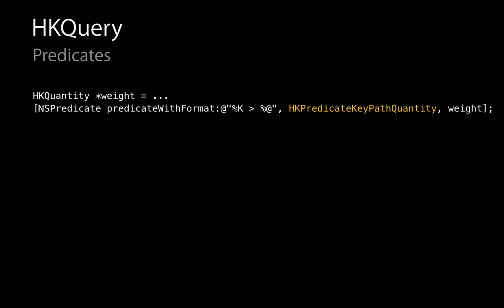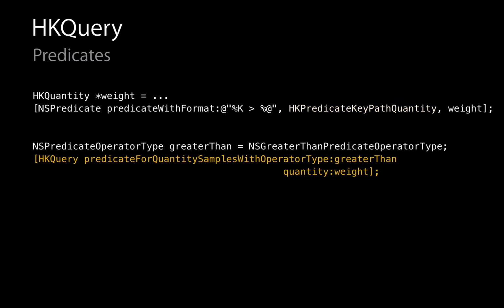We give you a constant for every key path that you can use with predicates. This is a really powerful tool, but we wanted to make it easy on you to create the predicates that are most commonly used. So we provide some convenience constructors right on HKQuery. Note that these two methods are going to create identical predicates, so you can use whichever method you feel more comfortable with.